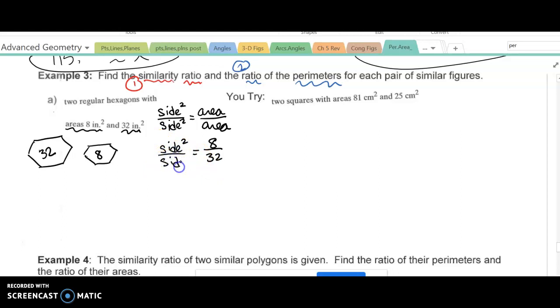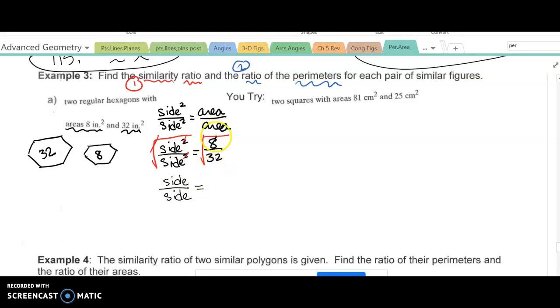I only know what side to side squared equals. So if we're going to get rid of the squares in order to figure out what the side ratio is, we need to do the opposite of square. We need to square root. That's going to cancel out those squares. So this is the side to side ratio now that those squares are canceled out.